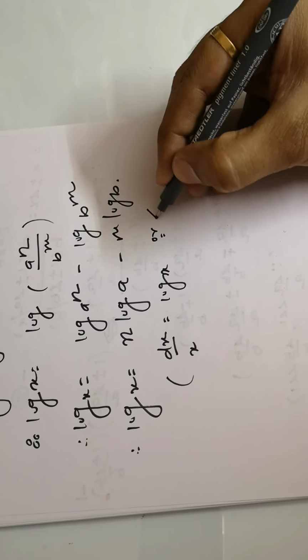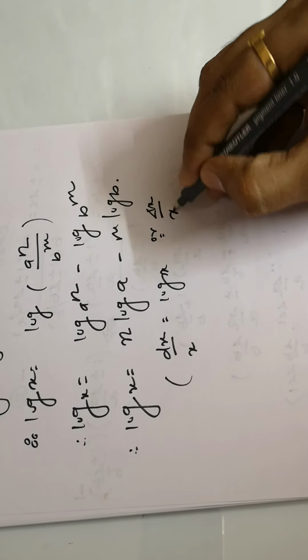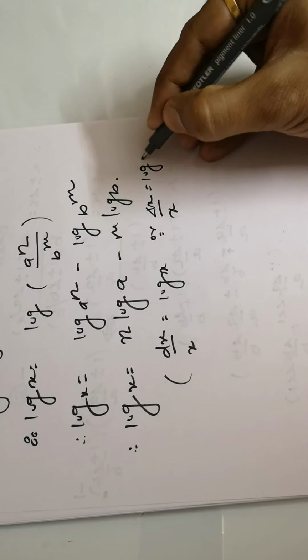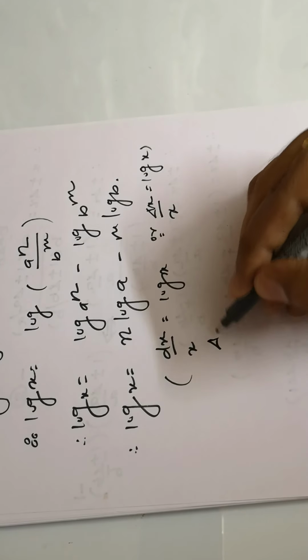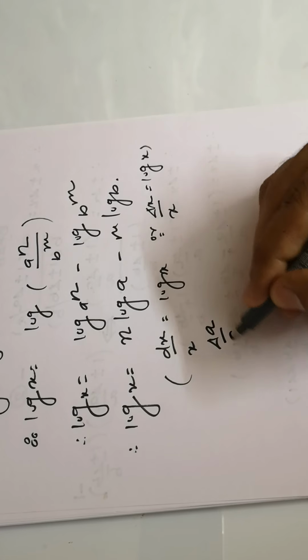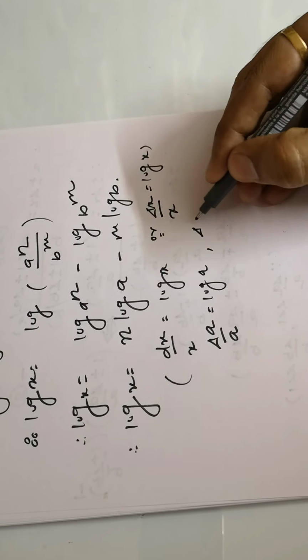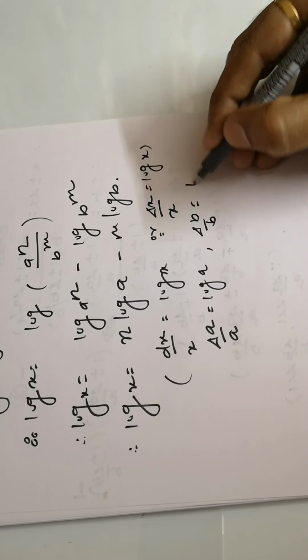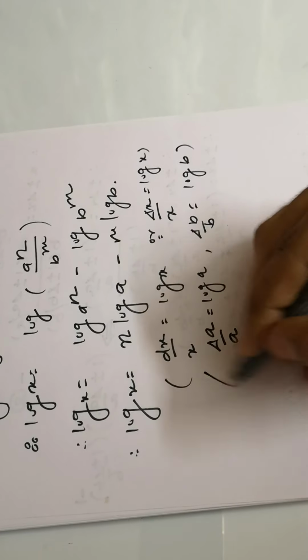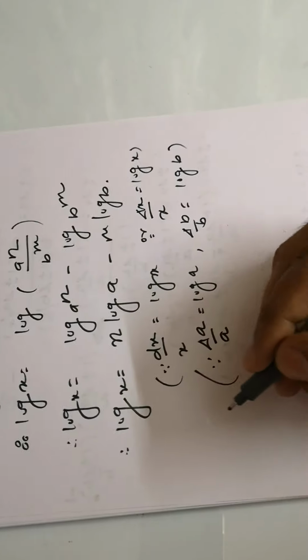Same is the case: instead of dx you can place delta x by x, called a log x. Delta a upon a is called a log a, and delta b by b is called a log b. So we are putting these values.